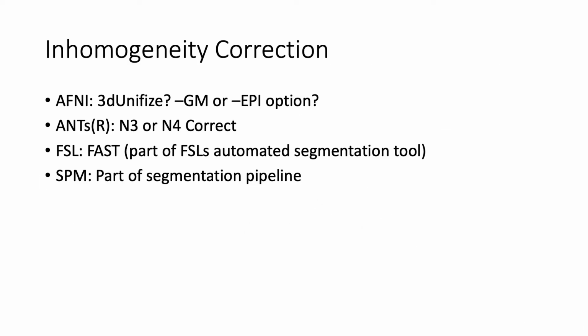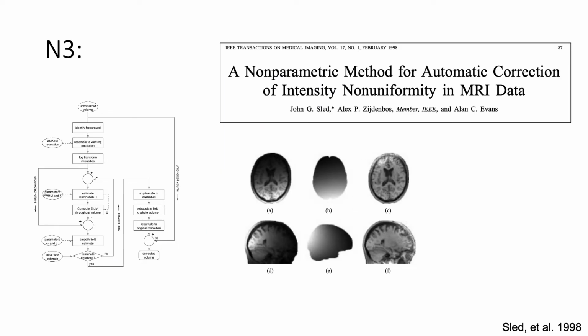ANTS uses a different method that basically identifies a non-parametric algorithm to really try to reduce that. It searches for sources of inhomogeneity and identifies it, and then you can apply those parameters to your data set and essentially subtract it out, almost like, okay, it's gone.